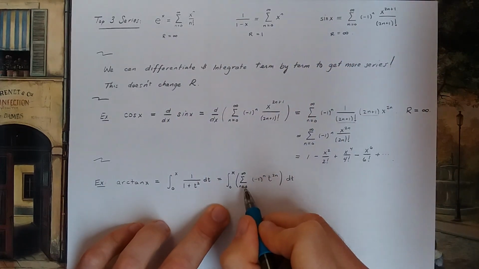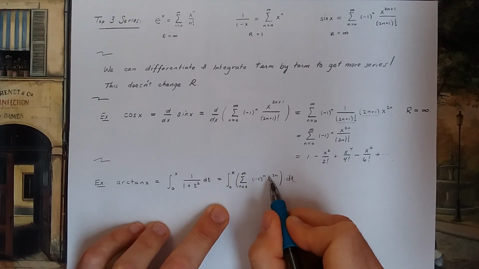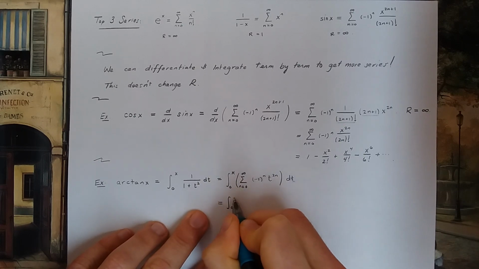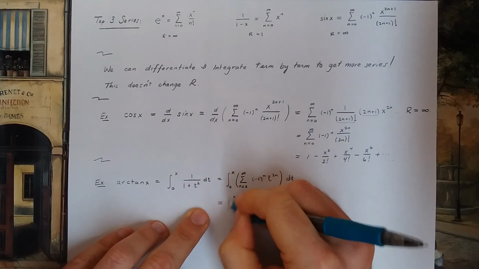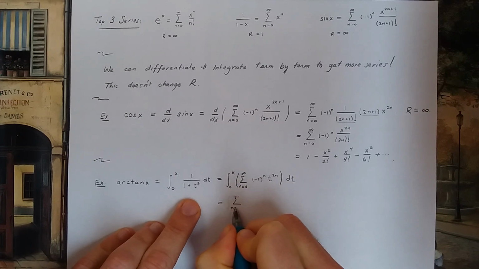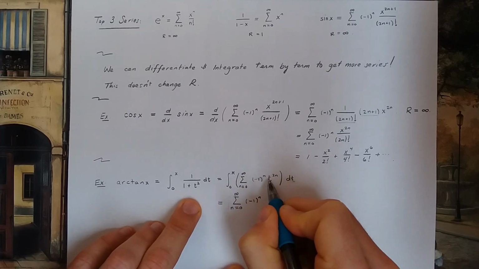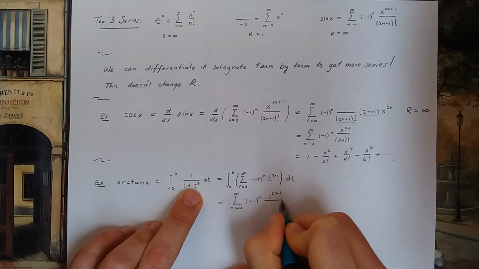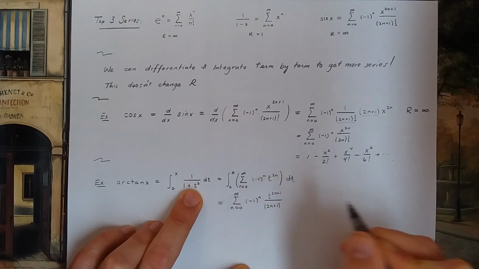Now, when you integrate with respect to t, you could just operate on the t. This is the integral from 0 to x, and when you integrate, you can integrate term by term. So I get the sum, n going from 0 to infinity, minus 1 to the n, and then I'm going to integrate the t to the 2n. So you get t to the 2n plus 1 power divided by 2n plus 1.